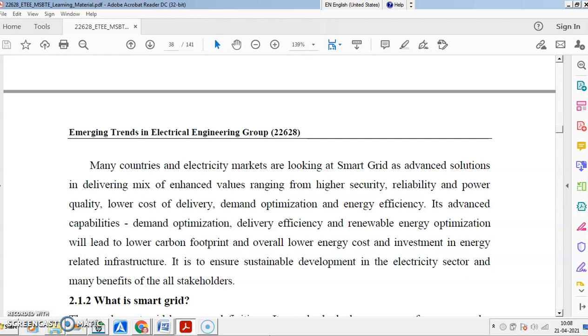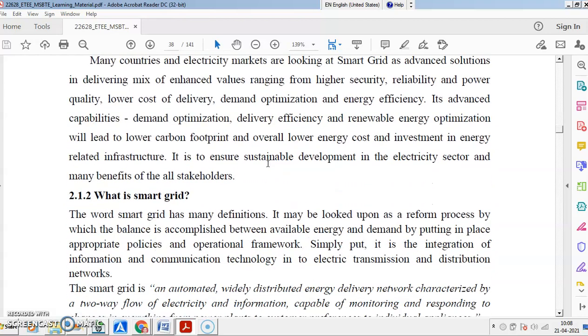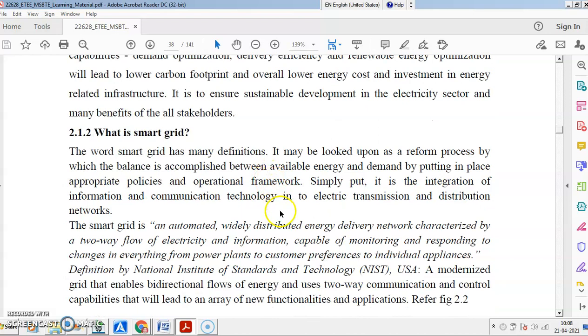This conventional grid concept is adopted as it is, and with some IoT components, that is, the digitization of the conventional grid, it becomes what we call a smart grid.